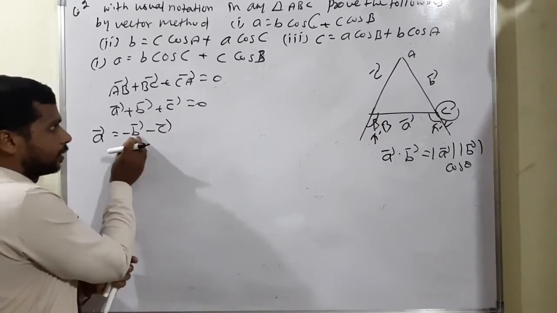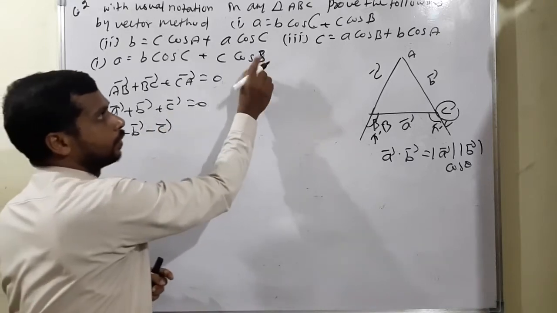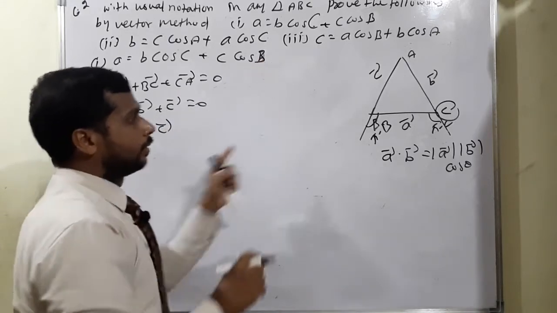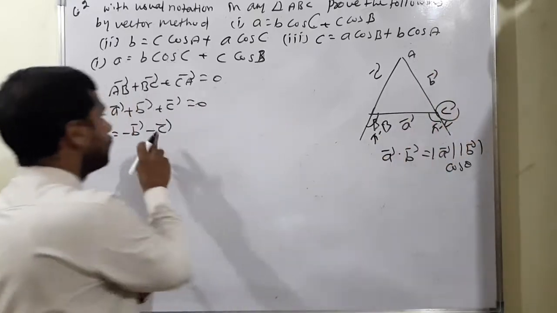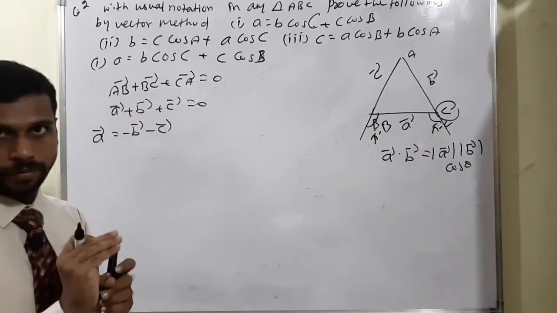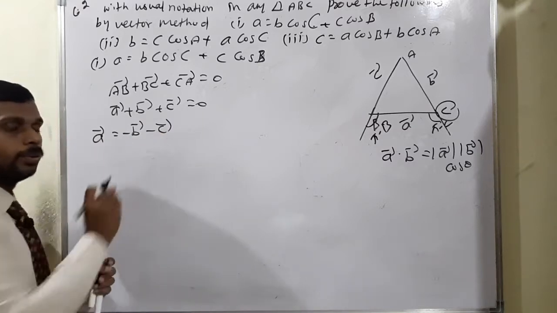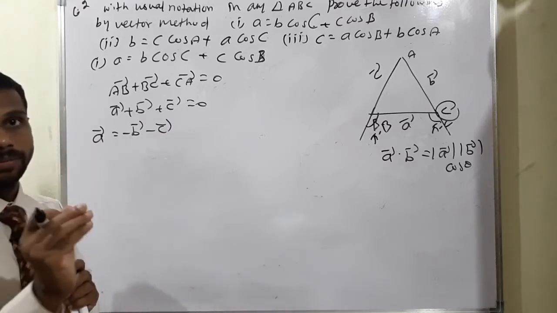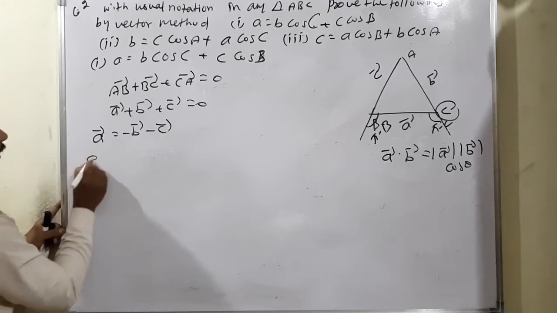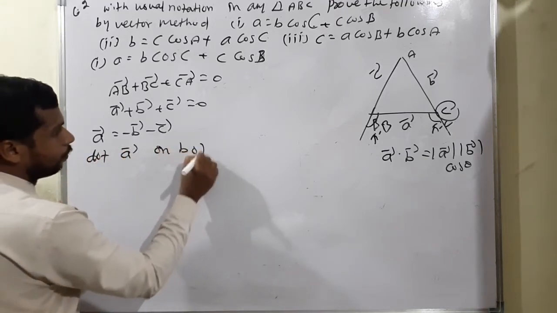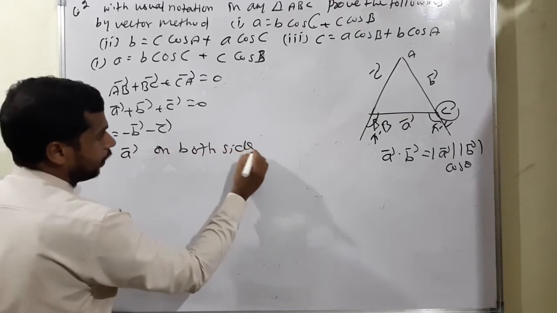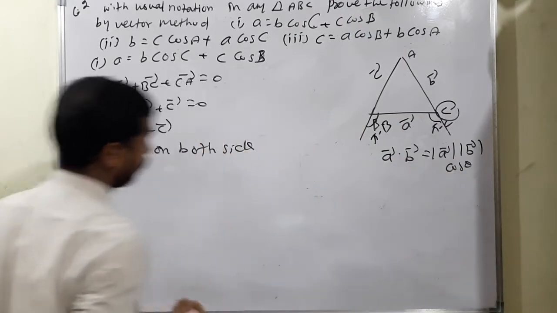Then the second term also has angle B, so we need a vector dot c vector. Already c vector is there, just add a vector. So on both sides we have to add dot a vector. Then only we can get it in theta form, okay.